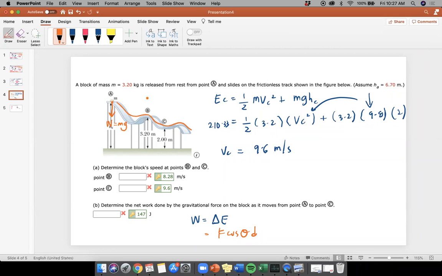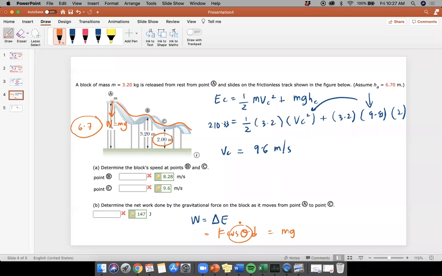So in the y direction, we know that there is a change from 6.7 to 2. Okay, and W, work done, will always have a change. To find the work done, we need to find the change in energy. Okay, so here my F is just mg because it is the force of gravity. And cosine theta means the angle between the force and the displacement.